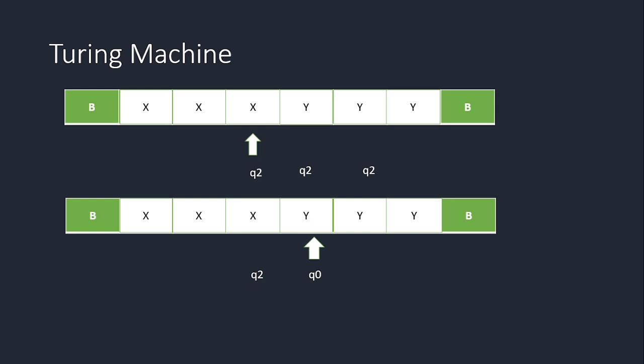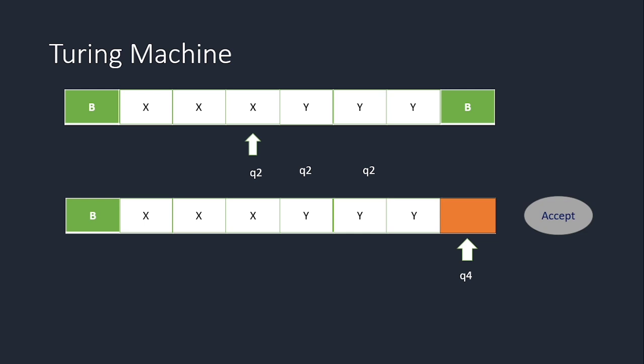So we move on the right, Y is there, again Y is there, again Y is there, and when we see a blank space, we won't move further, we will halt the process. Okay, so we accept it, we go to the state called Q4. So this is the way of designing the Turing machine for the specific pattern.